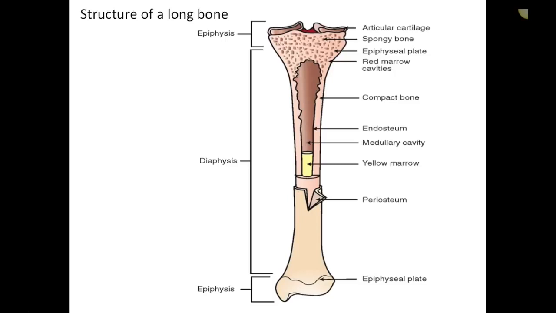The periosteum is the hardest part of the bone, and it covers all bone except for the articular surfaces. So again, going back up to the epiphysis of the bone here, the articular cartilage at the top is sitting along the articular surface. That's the joint surface, essentially. Periosteum covers all other aspects of the bone. Now, it's really important to know that the periosteum is extremely sensitive to pain specifically.